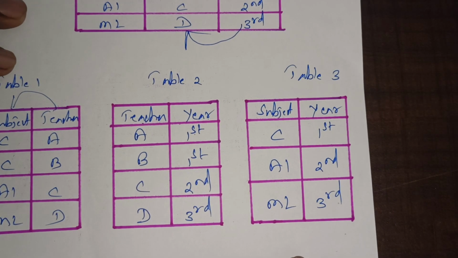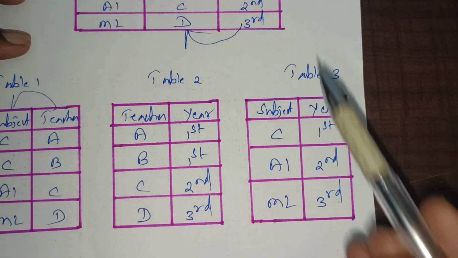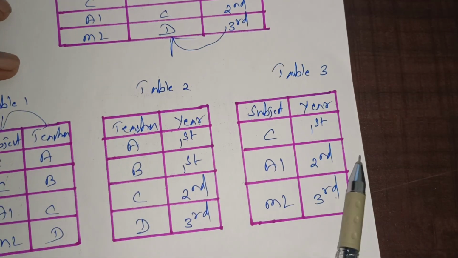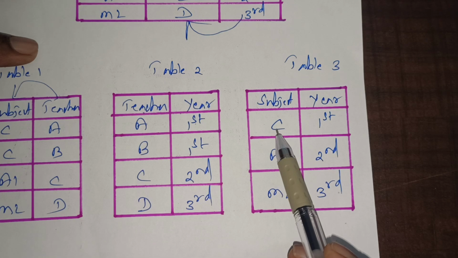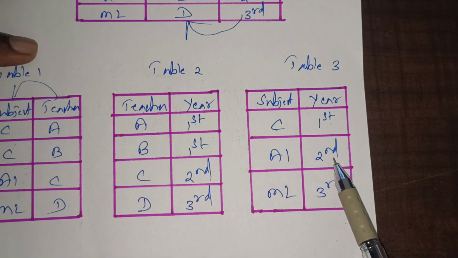The last table tells you there is no redundancy present in the database. Now you can see subject is repeated twice here, and here also twice. In the third table, the repeated subject has been removed. C is given for first year, AI is for second year, and ML is for third year.